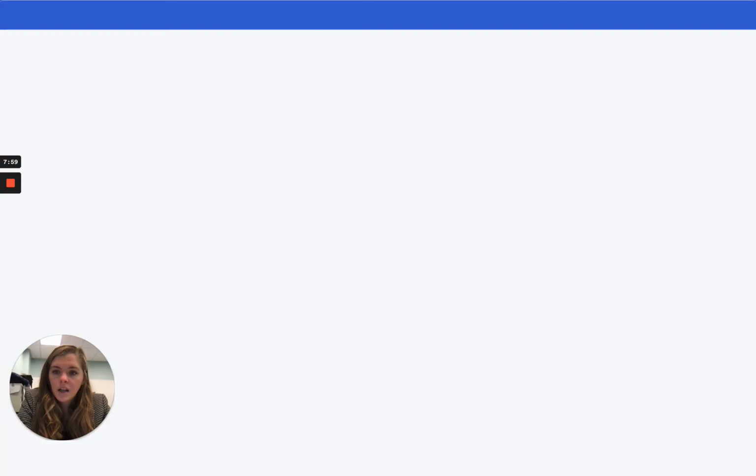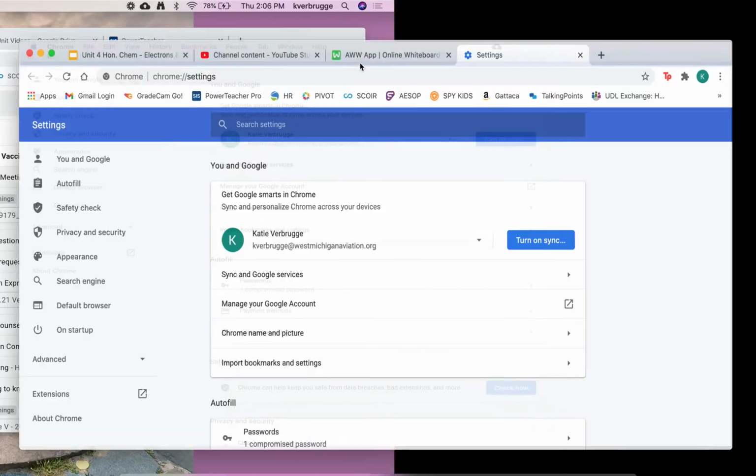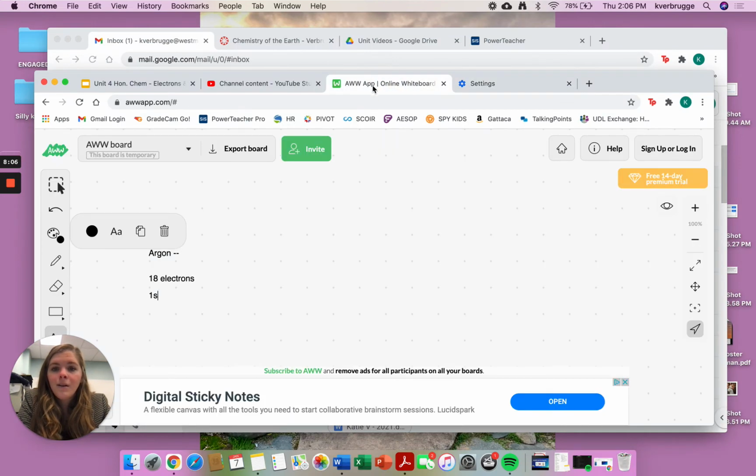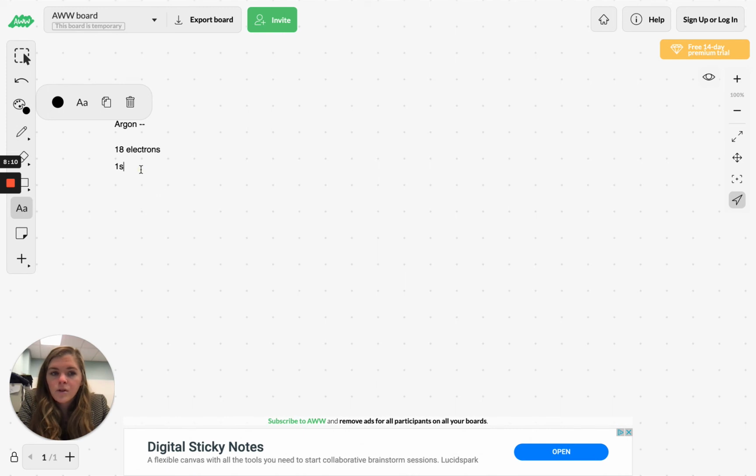Unfortunately, it won't let me do an exponent on this whiteboard, so we'll just have to pretend that it's in the exponent spot. So we have a 1s2 orbital. We've used 2 electrons, but we're not done yet. We have to jump over to the next s level, so we're going down. We've used up hydrogen and helium, so we're jumping to lithium. So we have 2s2, because again, it can only hold 2 electrons.